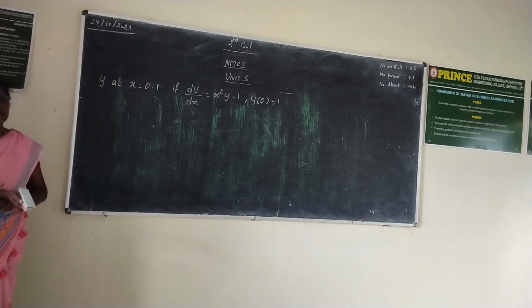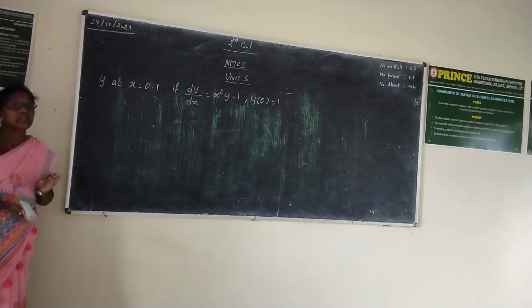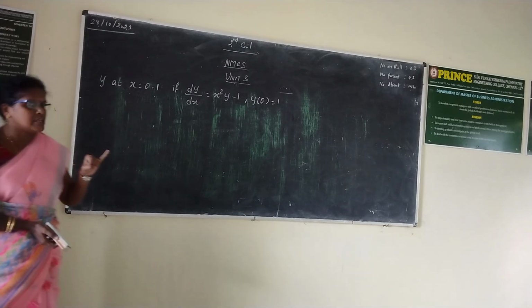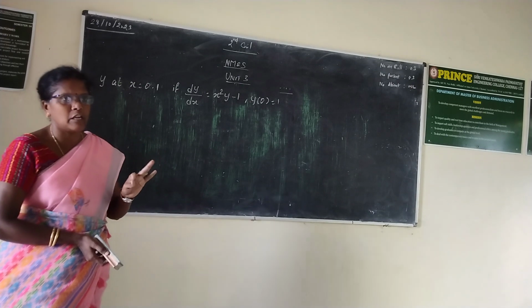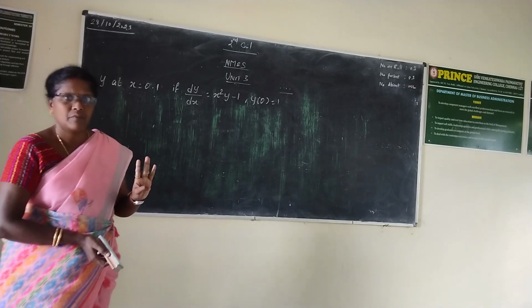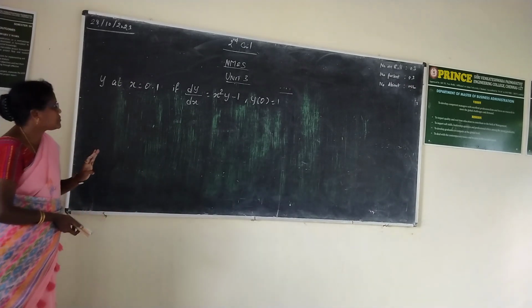As I told you, first you collect all the preliminary information. You have to decide what is x naught, what is y naught, what is the h value, and what is the unknown you are supposed to find. So, start the solution.